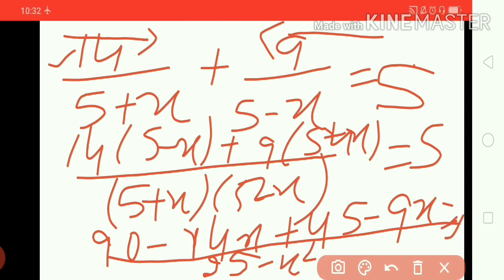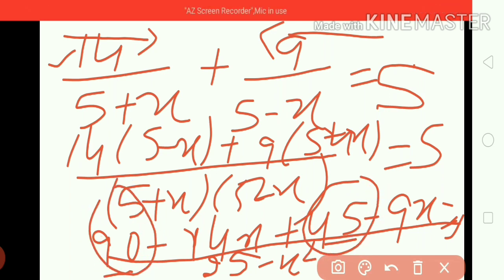So let us solve. These are the like terms, minus 14x and minus 9x, and they will be added with the negative sign and it becomes minus 23x. And the constant terms 45 and 90, when we add, we will get 135.